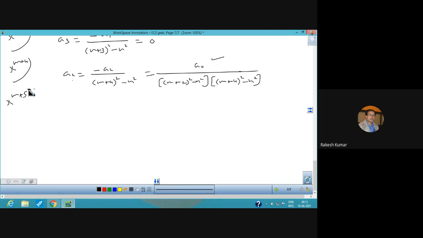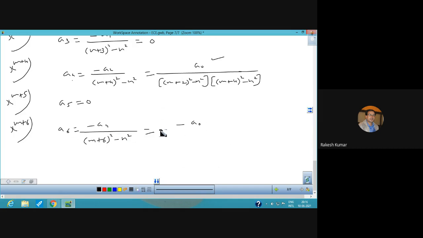Now when you write the next coefficient, x raised to power m plus 5, you will have a5 will be 0, and for the coefficient x raised to power m plus 6, you will have a6 is equal to negative a4 upon m plus 6 whole square minus n square. Now you just need to put the value of a4, this one.